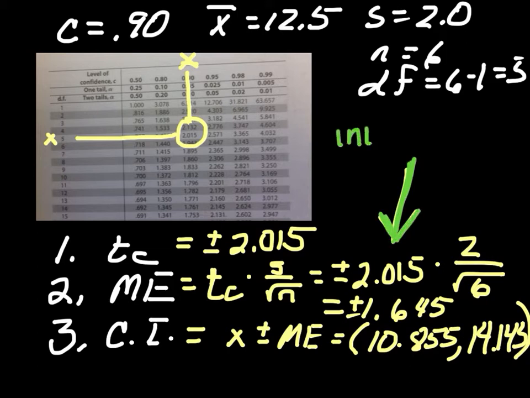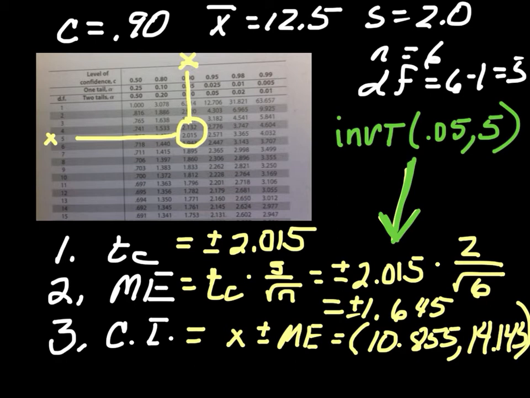Then I would use inverse t under distributions. Since it's a 90% interval, that would give me 5% in the tail, and my degrees of freedom is 5. And I'm just going to calculate that now.